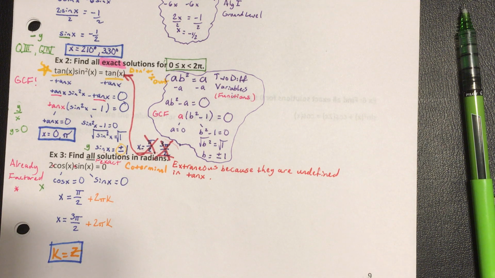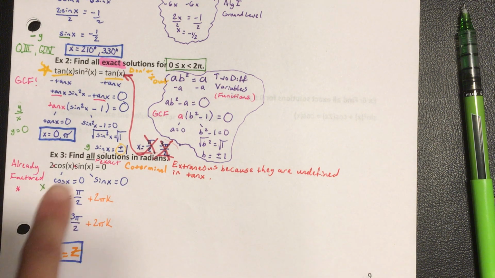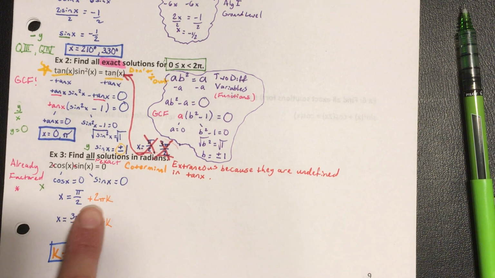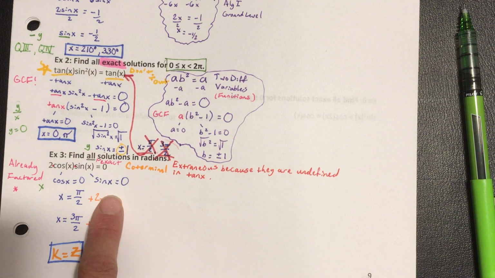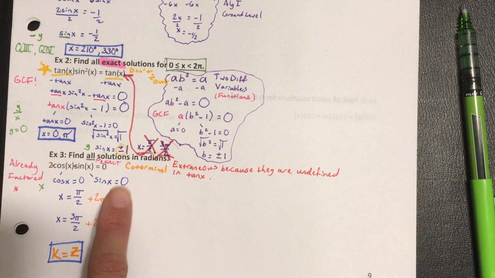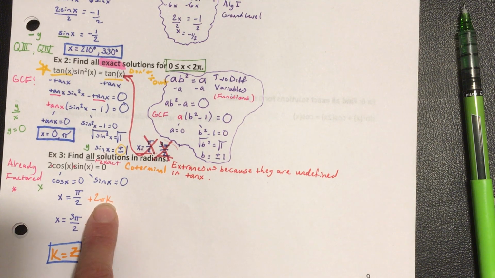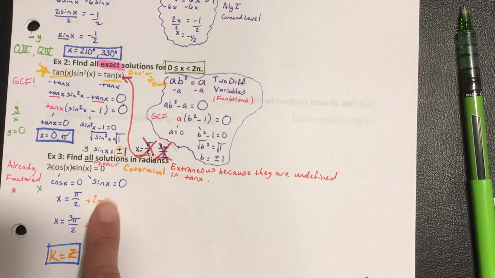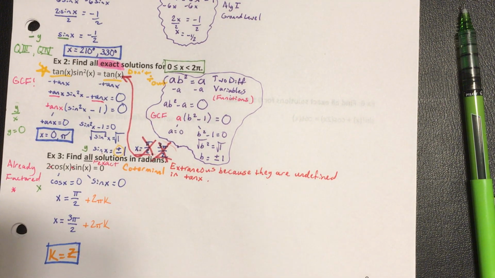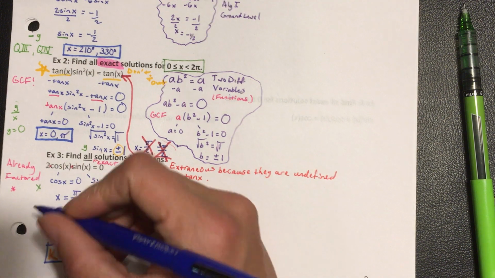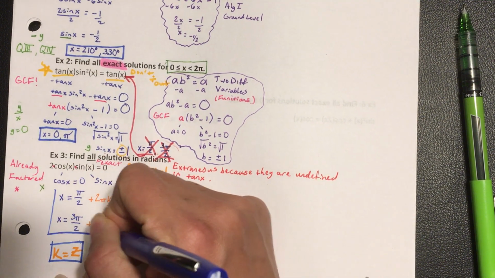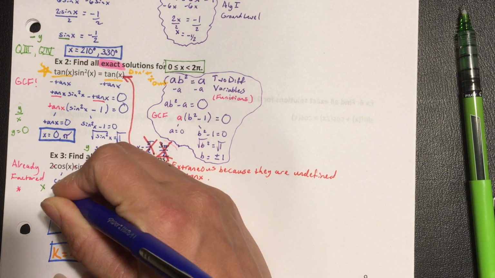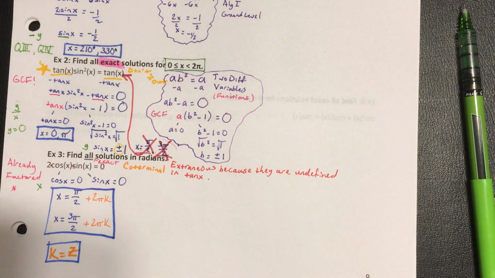This shows that these angles within 1 rotation of the unit circle are solutions, but adding 1 rotation, 2 rotations, 3 rotations as we plug in different values for k, and as we look at those negative angles, all of those would have the same solutions. So these are 2 of my solutions for this equation.